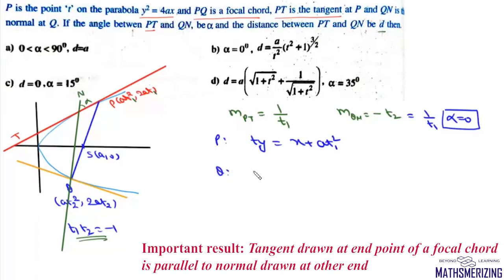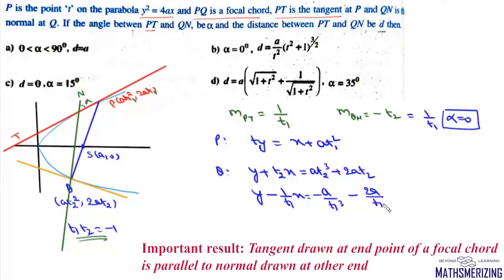The equation of the normal at point Q will be y plus t2x equals a t2 cube plus twice a t2, and we know that t2 is minus 1 upon t1. So we can write this as y minus 1 upon t1 x equals minus a upon t1 cube minus 2a upon t1.